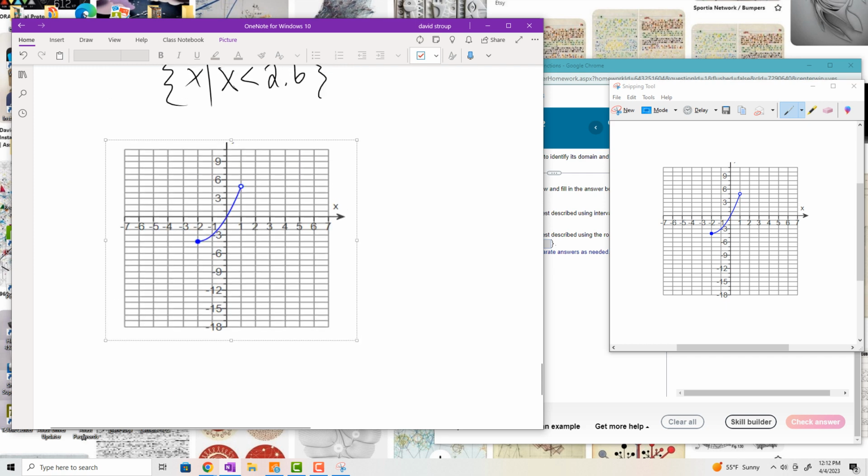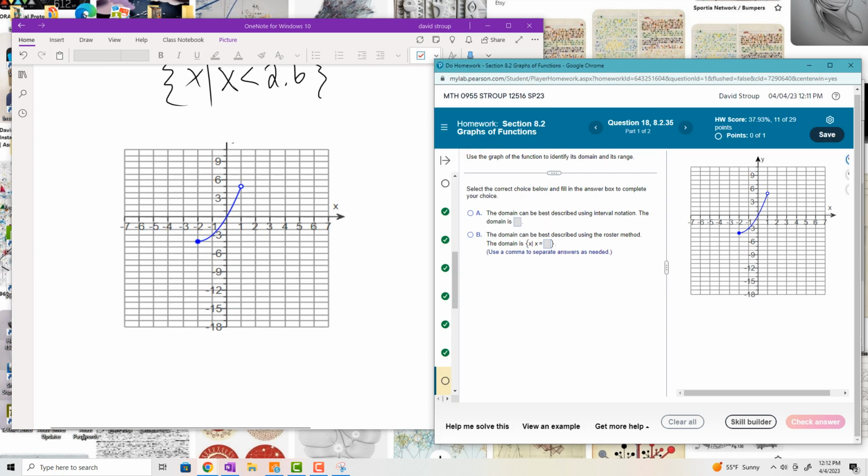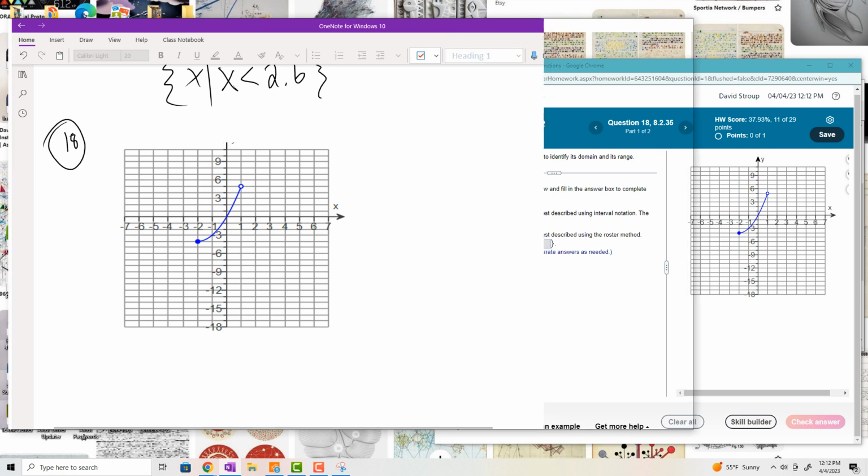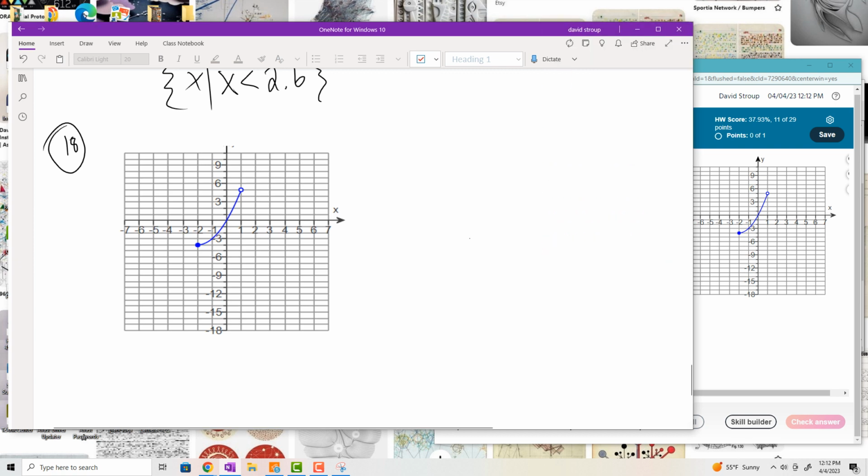Okay, so this is number 18. And we want to identify the domain and range. So the domain are basically all of the x values, all the possible x values that are associated to output values.